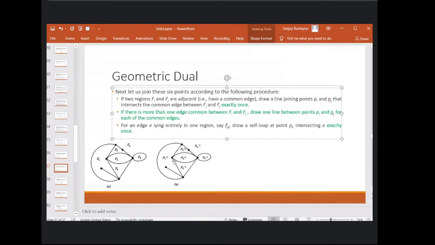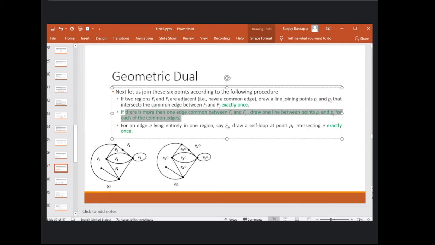Okay, we understood the adjacent regions and how to draw a line. First we'll see all the steps, then we'll try drawing a geometric dual. Next step: if there is more than one edge common between Fi and Fj, draw one line between Pi and Pj for each of the common edges.